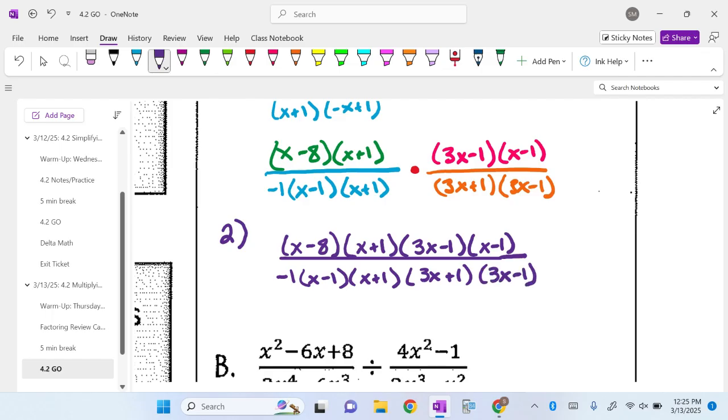minus 1. And the reason we're doing this is once we simplify it into one big fraction, remember what we did yesterday with simplifying rationals? So when we simplify rationals, what do we do once we get to this phase?